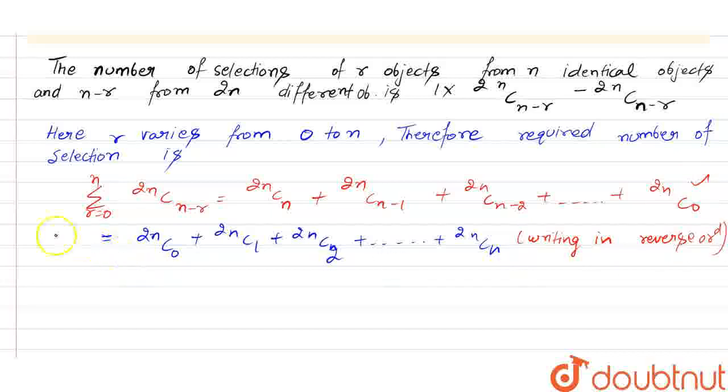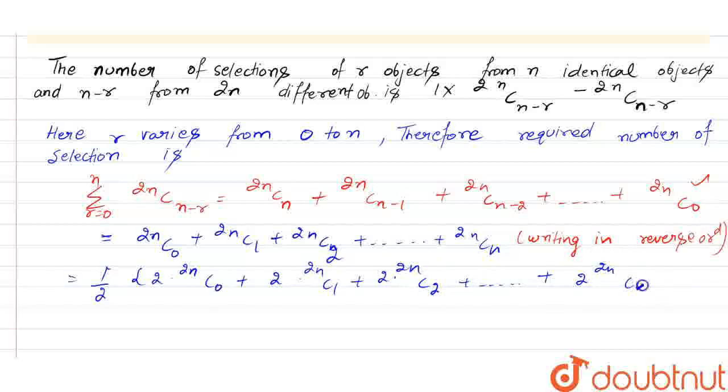So now after solving this we have to multiply and divide it with 2. Then we have 2 into 2n c 0 plus 2 into 2n c 1 plus 2 into 2n c 2, and so on. Finally we have 2 into 2n c n.